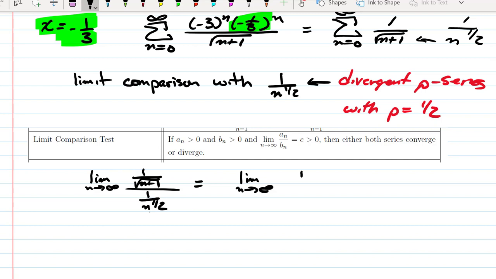So once again, we're going to multiply by the reciprocal. So we have the square root of n over the square root of n plus 1.